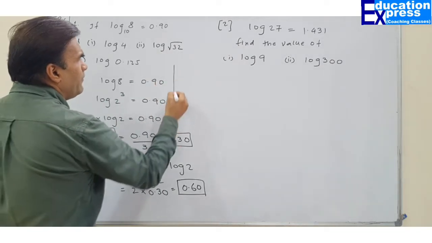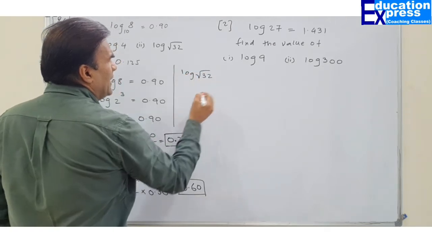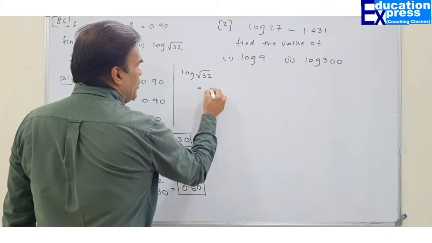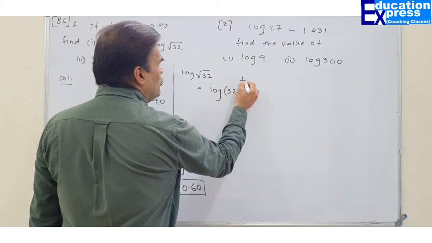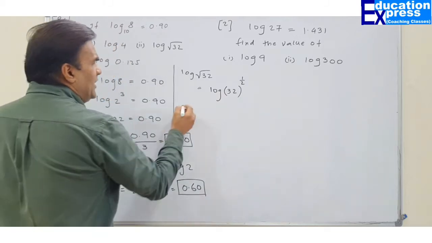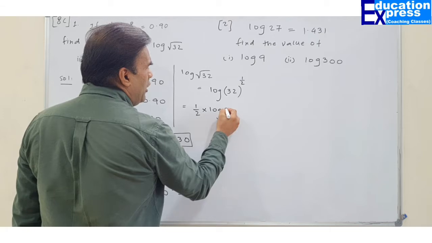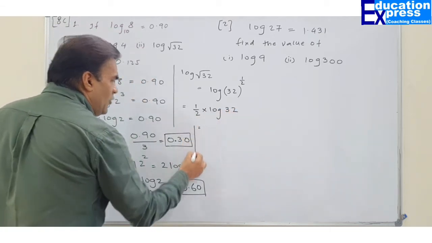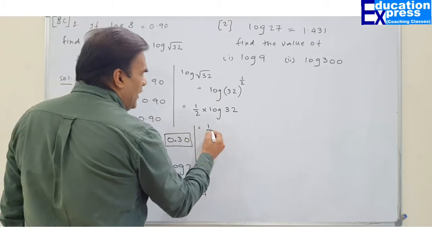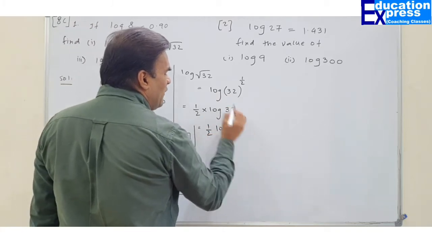How do we find it? Sir, log of root of 32 can be written as log of 32 raised to half. So this can be written as half into log of 32. We know for a fact that 32 can be written as 2 raised to 5.